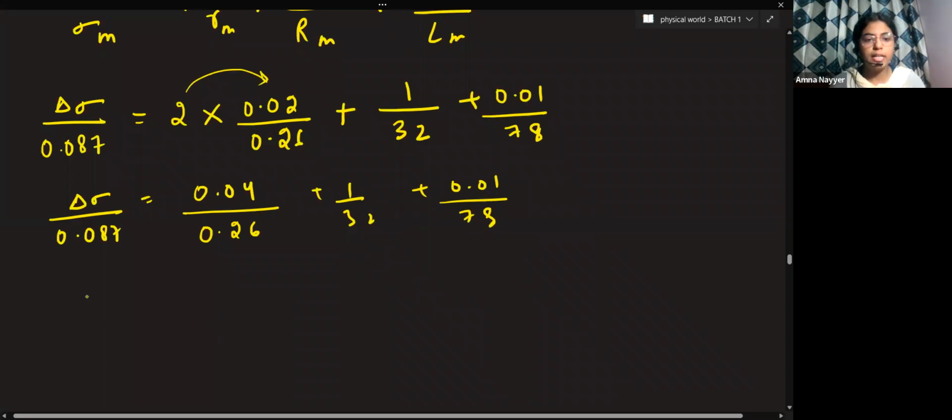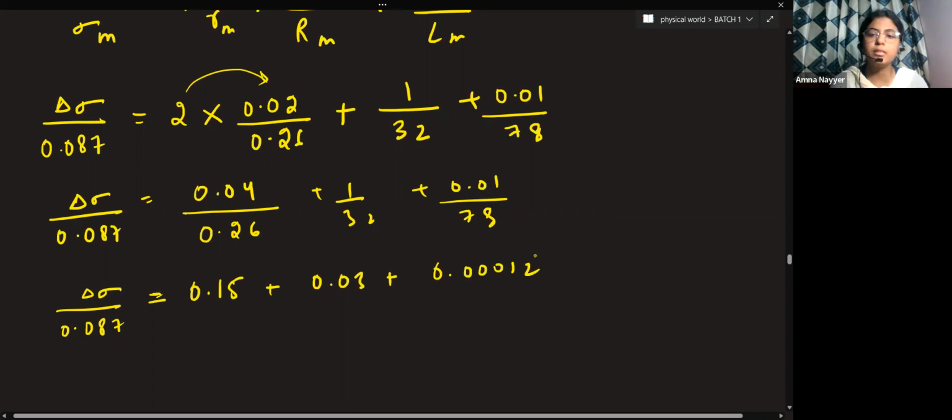Then you are left with delta sigma divided by 0.087. 0.04 divided by 0.26 will be 0.15, plus 1 by 32 will be 0.023, and this will be 0.00012. This is 78, no?